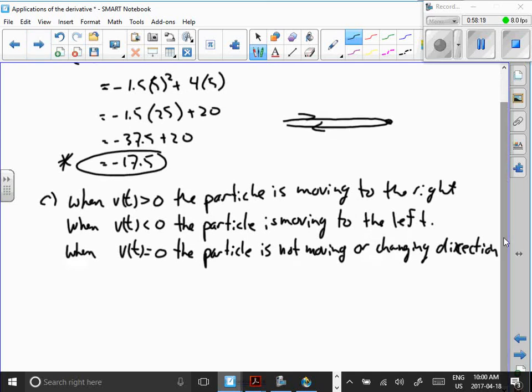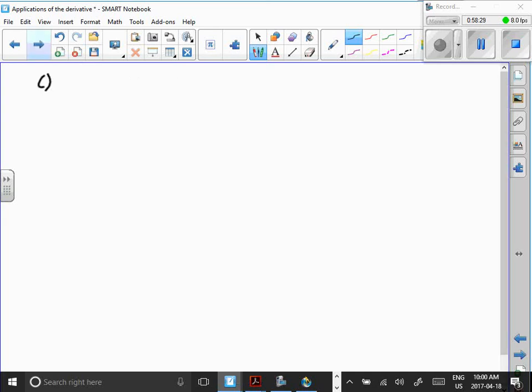So if we want to know when it's moving to the left and when it's moving to the right, we need to know when the derivative is positive and when the derivative is negative. Okay, I'm going to have to go to the next page. So this is C continued. We need to know when V at t, or S prime at t, is positive.